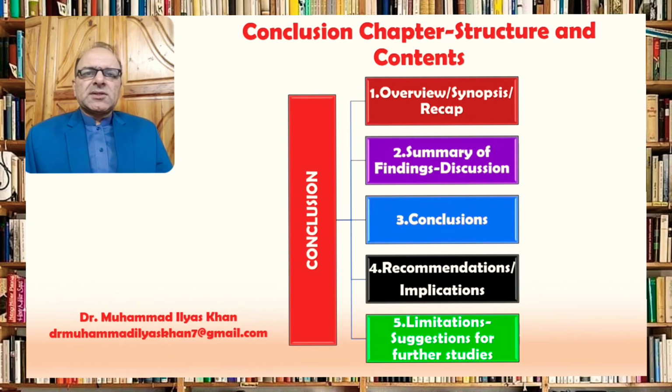But in many studies, especially in qualitative studies, instead of recommendations, the researchers write implications, where there is a bit of caution in terms of coming up with interpretation and in terms of coming up with recommendations.